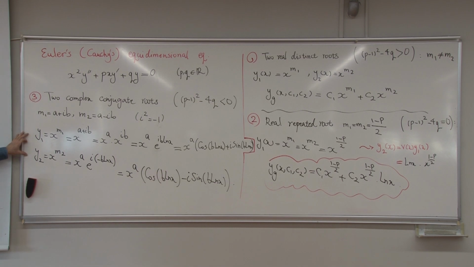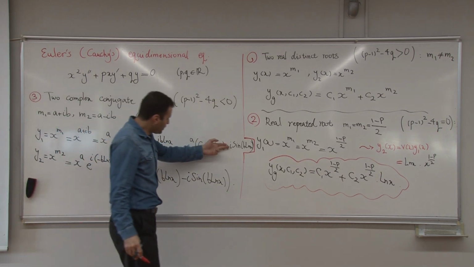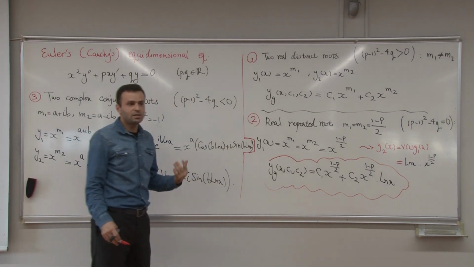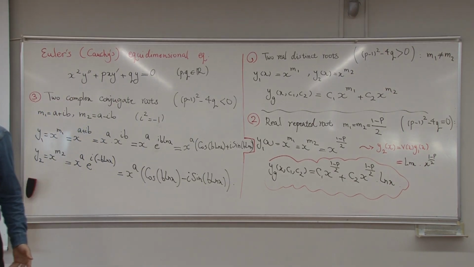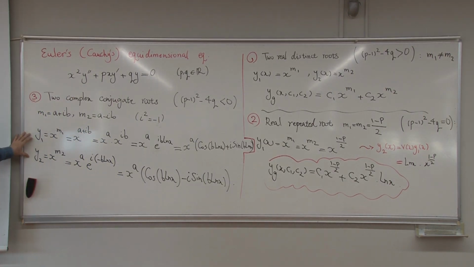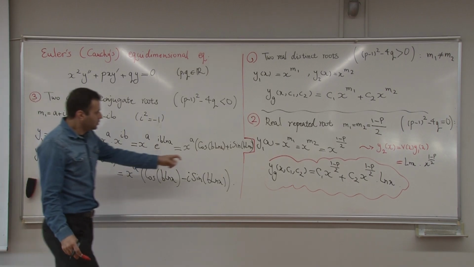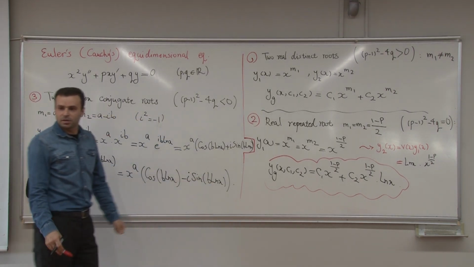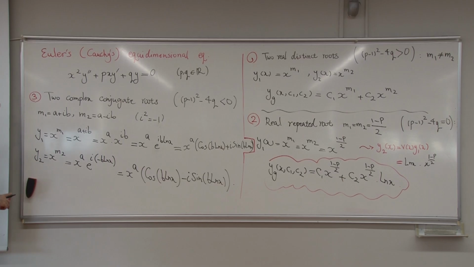But if you look at here, we are again dealing with some complex numbers. And since we are looking for the real solutions, we need to make a linear combination of these two such that these i's are going to disappear. What I'm going to do is this. Again, like for the case that we did for equation with constant coefficients, if you remember.